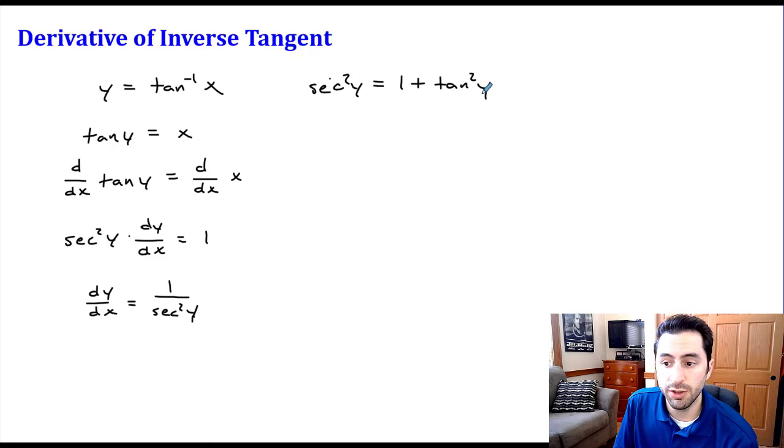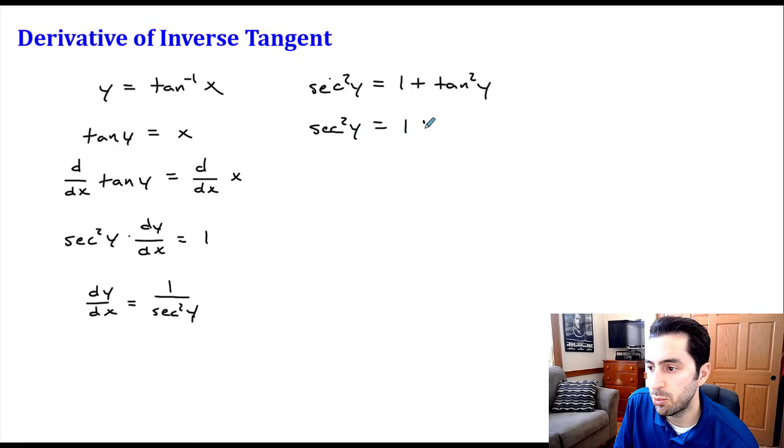However, earlier on in this process, we did say that the tangent of y was equal to x. So I can rewrite this, and I can say the secant squared of y is equal to 1 plus, and now instead of tangent of y squared, we can substitute in x.